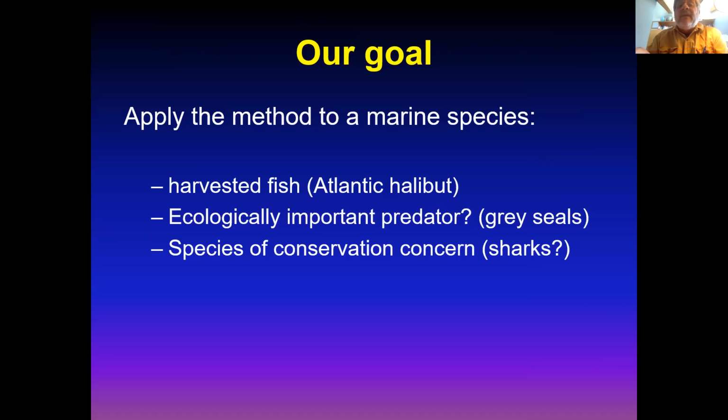Generally, large animals where the individual is valuable and where the population sizes are not in the tens of millions or in the hundreds of millions of individuals.